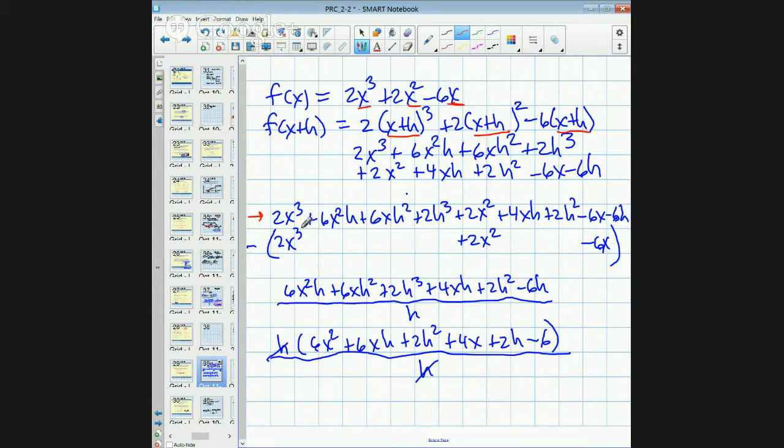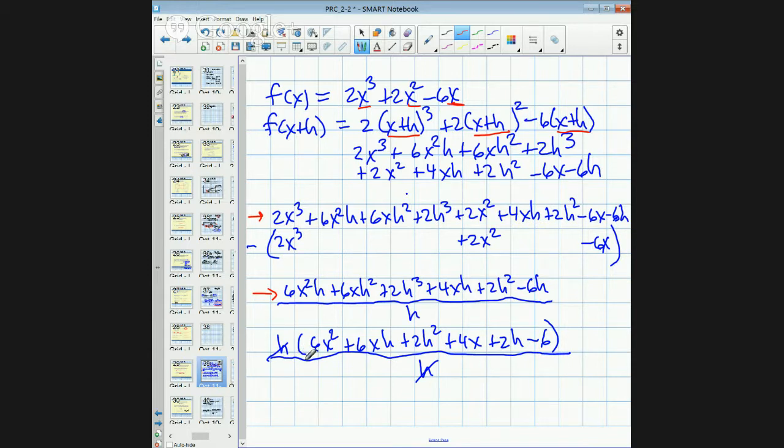Okay, then subtract the original function from it. Again, you see how I lined up the terms? So that would be a little bit easier to subtract. Goodbye 2x cubes, goodbye 2x squareds, goodbye negative 6x's. And this is what's left. And then the last step is divide by h.